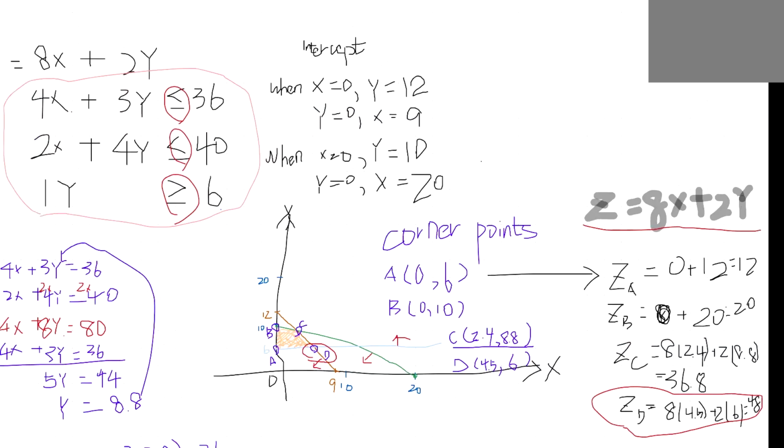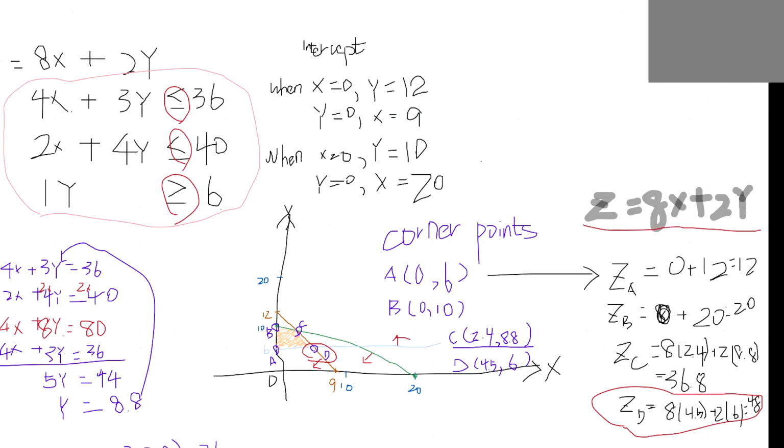That's what I said in the beginning. So the more x, the better. Your best bet is to make the most x, and point D is where you can make the most x. So without going through all these calculations, I knew D is the answer. If I were you, I would have just calculated for D.